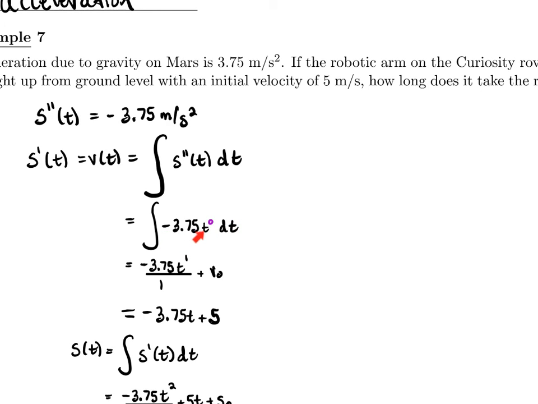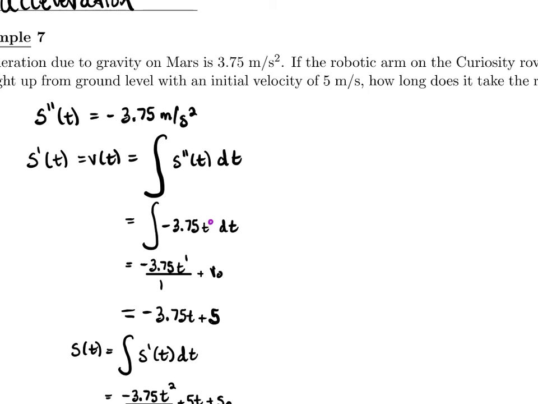So I'm anti-differentiating basically a t to the 0. Using my reverse power rule, I add 1 to the exponent, divide by the new exponent, and I add my integration constant. My integration constant here is just going to be the initial velocity, because I know if I plug t equals 0 in here, this will just 0 out, and then I will have 5 as what I want my integration constant to be.